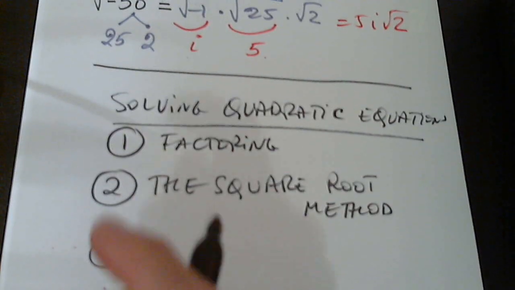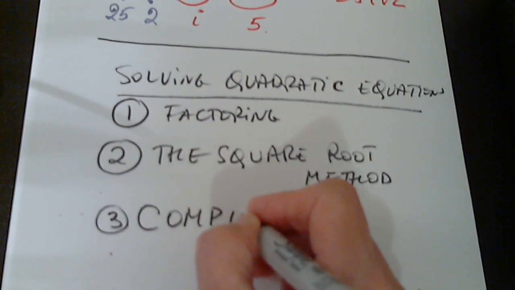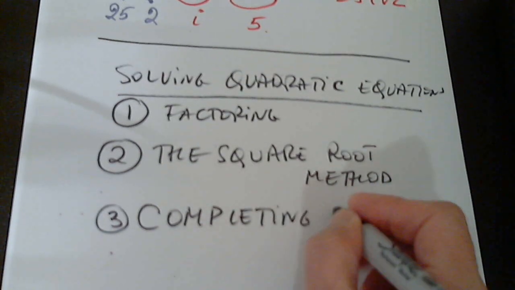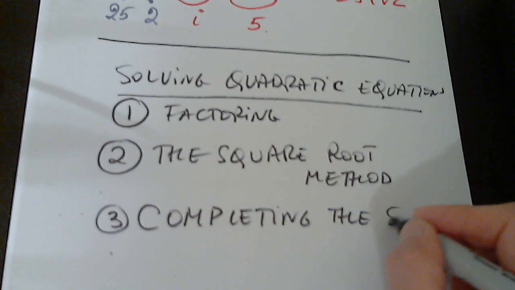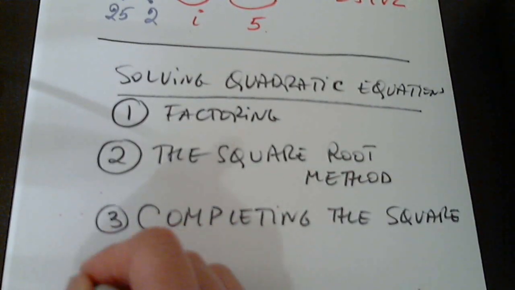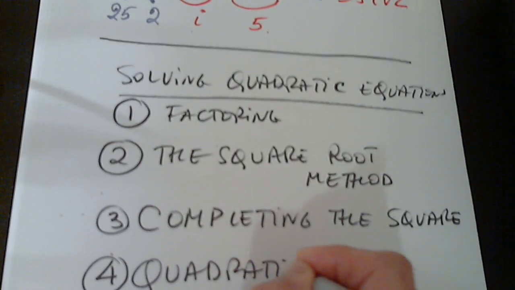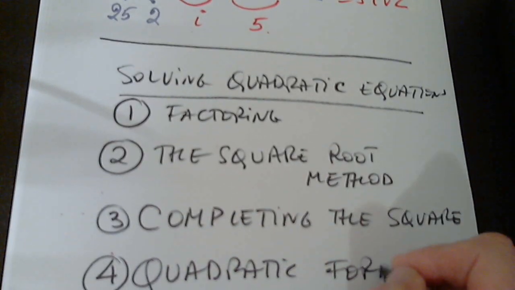The third method we are going to look at is completing the square. The final method is the quadratic formula. That's it.